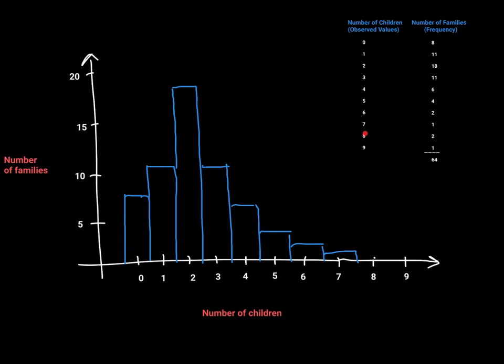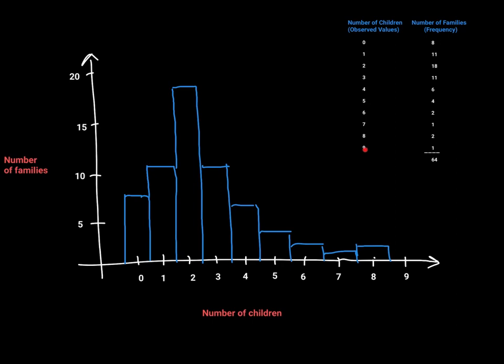8 children. There are 2 families that have 8 children. There were 2 families that had 6 children. And so let's just copy the height of that bar there. There. I'm trying to make the height of this bar the same as that one.